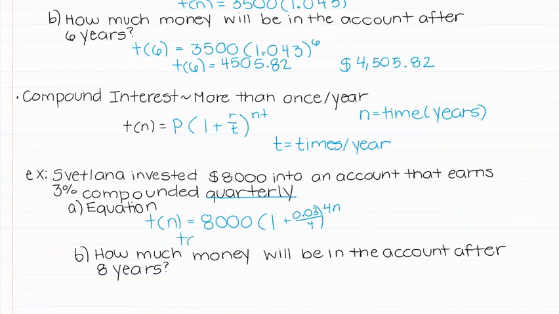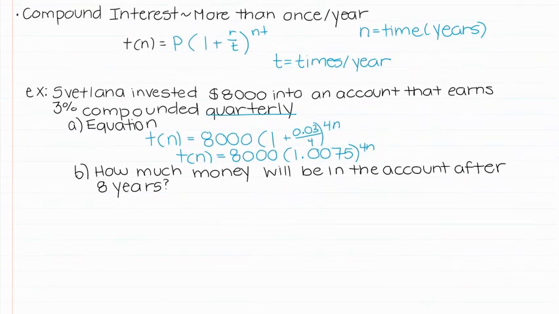To clean this up, it would be T of N equals, so I would do 0.03 divided by 4 on my calculator, and then I would add the 1. So it's 8,000 times 1.0075 to the 4n. When it says how much money will be in the account after 8 years, we are evaluating that function at 8.